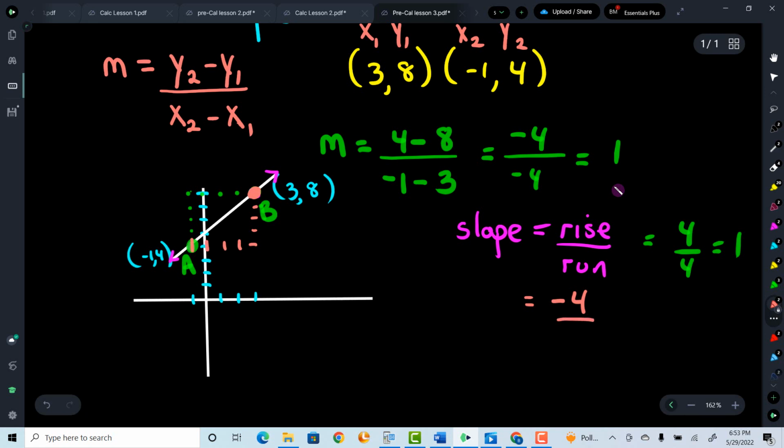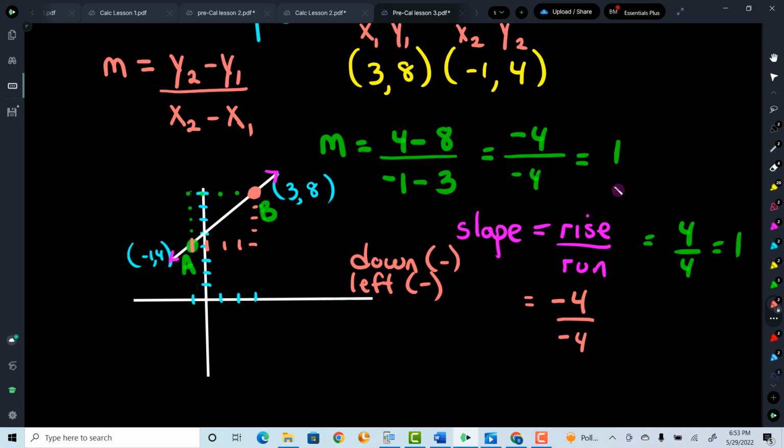So again, with slope, if I go down, it's negative. If I go left, it's negative. Down is negative, left is negative. So I went down 4 and then I went left 4. A -4 over -4 gives me +1.